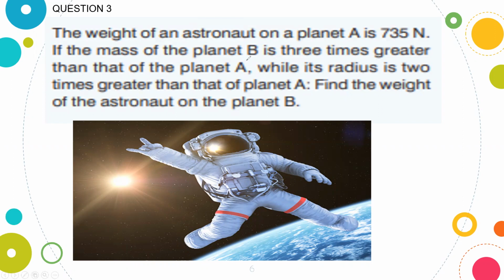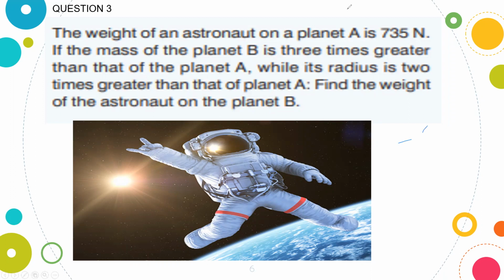If he goes to planet B, the mass of planet B is 3 times greater than that of planet A, and the radius of B is 2 times greater than planet A. Find the weight of the astronaut on planet B. That's our question. Let me draw and explain the question, and then you can try.